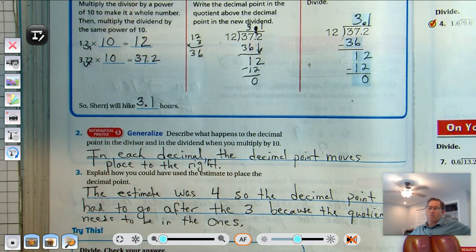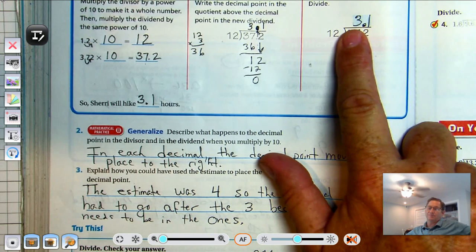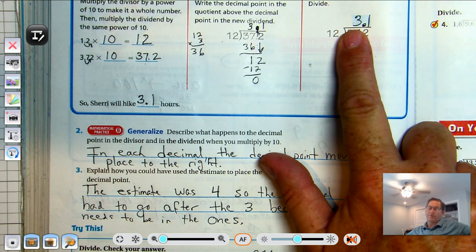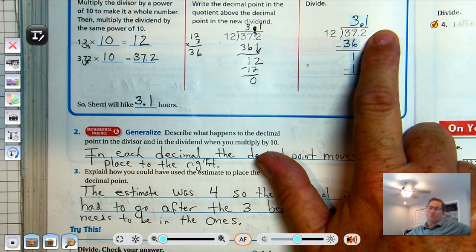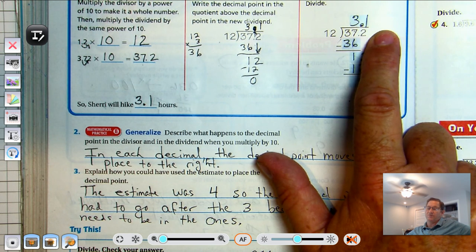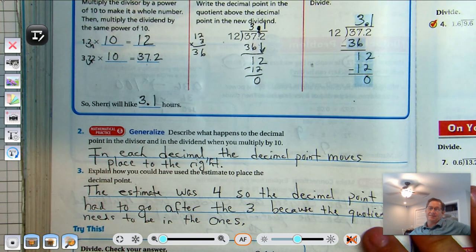Well, if our estimate's 4, it couldn't be 0.31 because that is less than one whole, so we'd be way off of 4. It couldn't be after the 1, that would be 31, and 31 is not close to 4 ones. So 3 ones is the only one that makes sense.